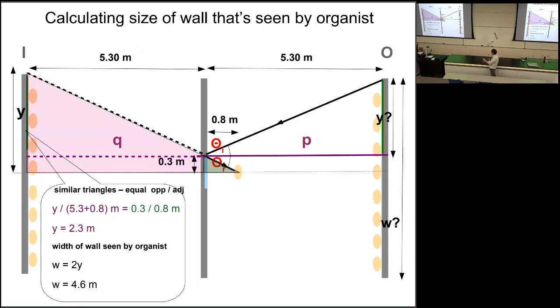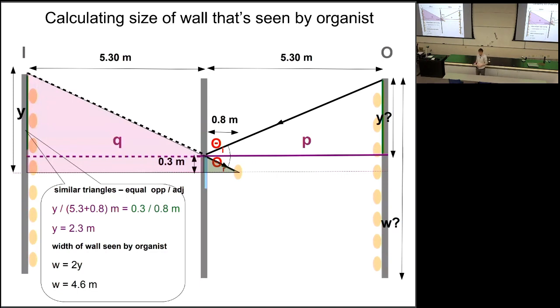That y is one half of the entire width of the choir that you see. So if I multiply that 2.3 meters by two, the organist sees 4.6 meters of this right-hand wall. And that's the answer to this question. That's how much of the choir the organist sees in the mirror.